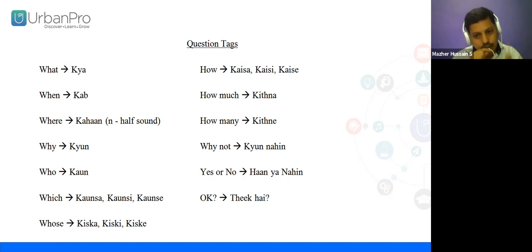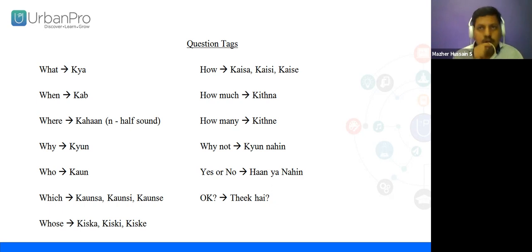Kaunsa is for masculine, kaunsi is for feminine, and kaunse is when we are talking about more than one. So here also we have to consider the gender of the object.